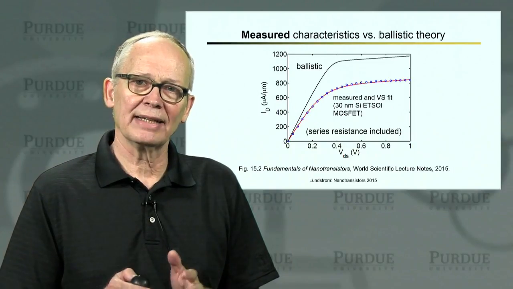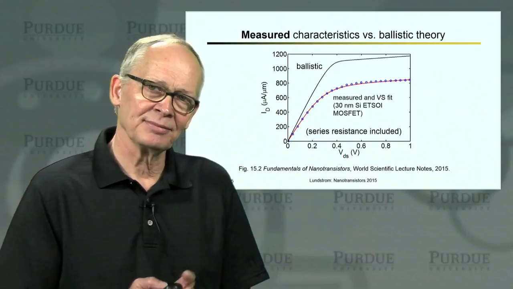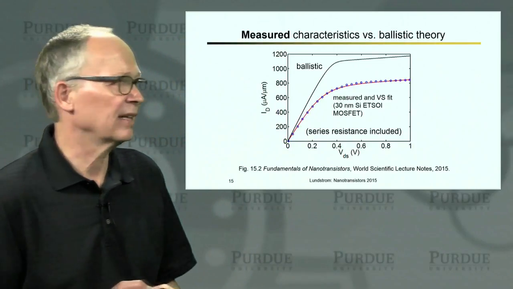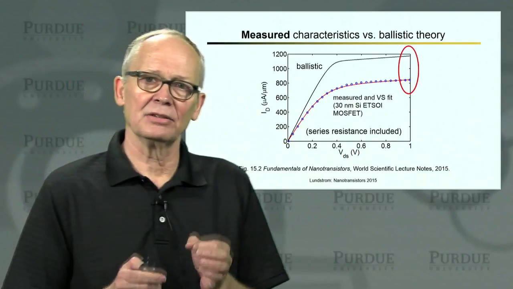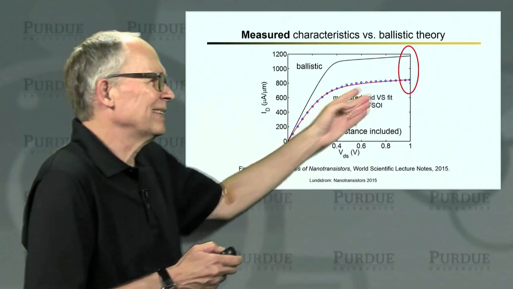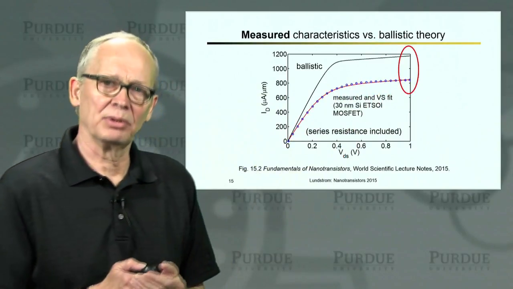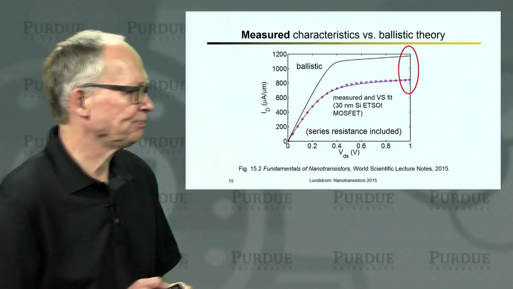That's what it would look like if there were no scattering, using the same series resistance, the same oxide capacitance and parameters like that. So what you can see is that this silicon transistor, 30 nanometers channel length, operates at a reasonable fraction of the ballistic limit, but is distinctly below the ballistic limit.